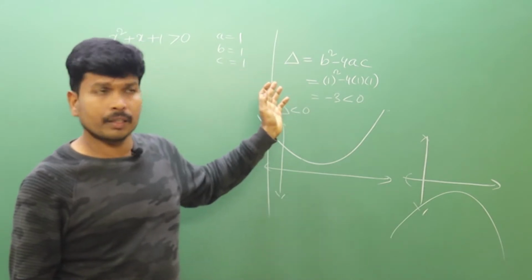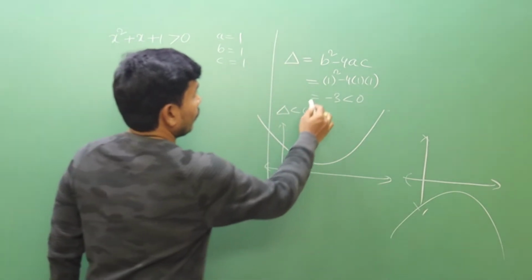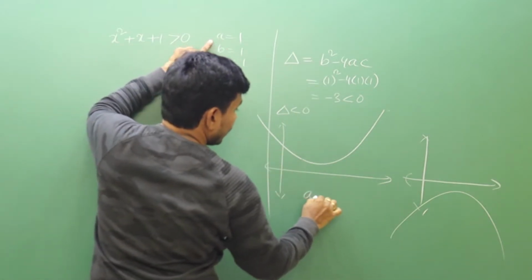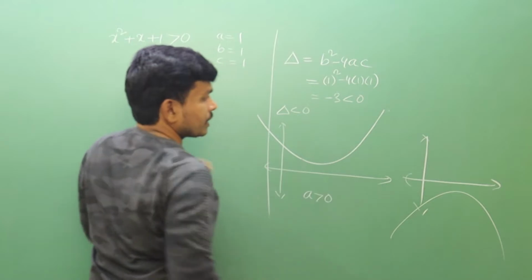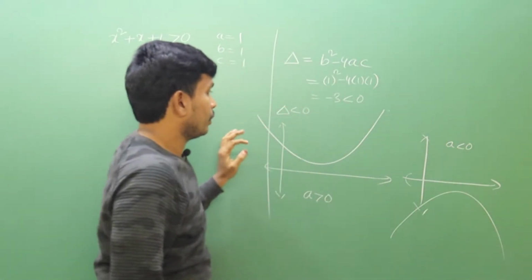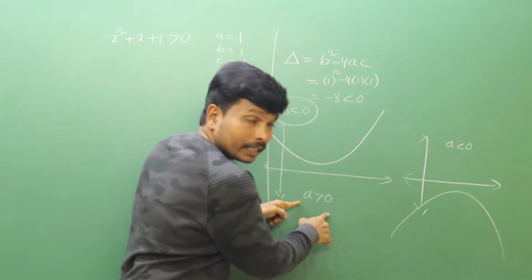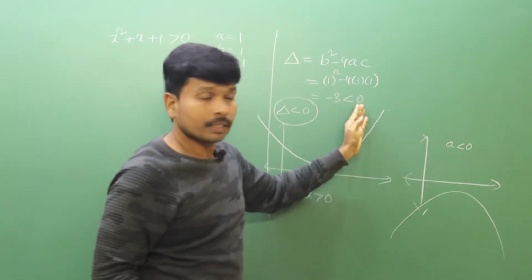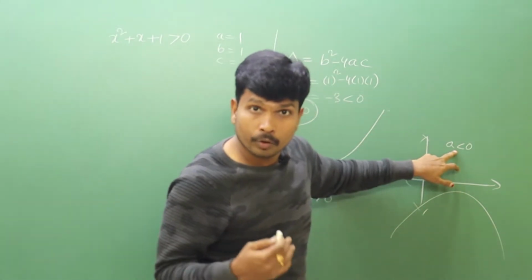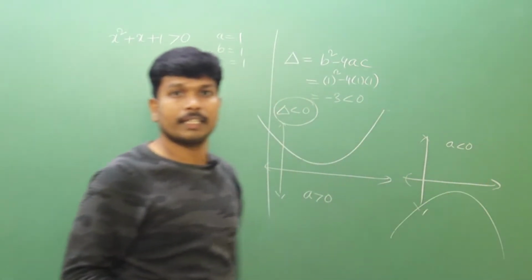When will you get it above the x-axis? When the x square coefficient is positive; here a is positive, no? If a is negative, the graph is below. So delta less than 0 and a greater than 0 gives a graph like this, and delta less than 0 and a less than 0 gives a graph like this.